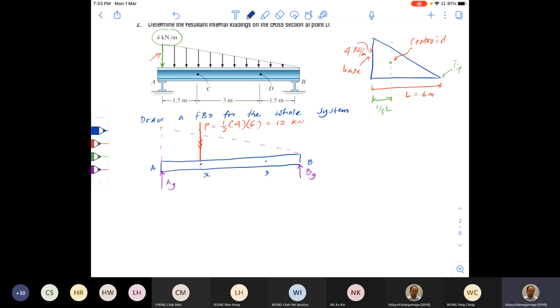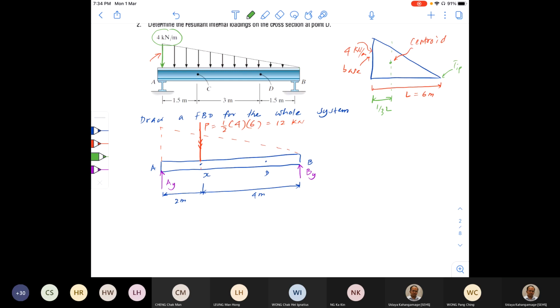So we need distances as well. We'll mark the distances because later to find the forces, we need the distance. So what's the distance from A to X now? 1/3 of L, right? That is 2 meters. And X to B is 4 meters.